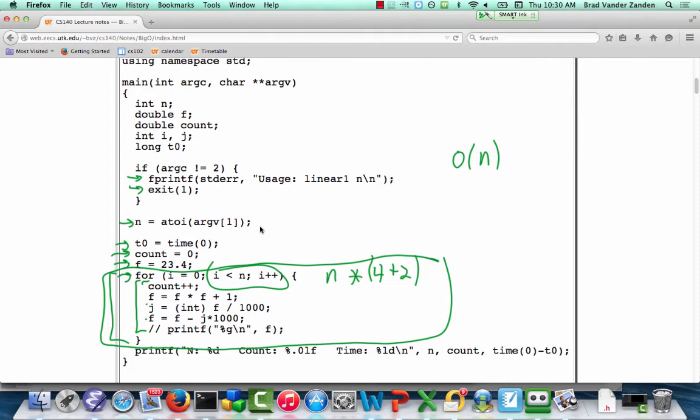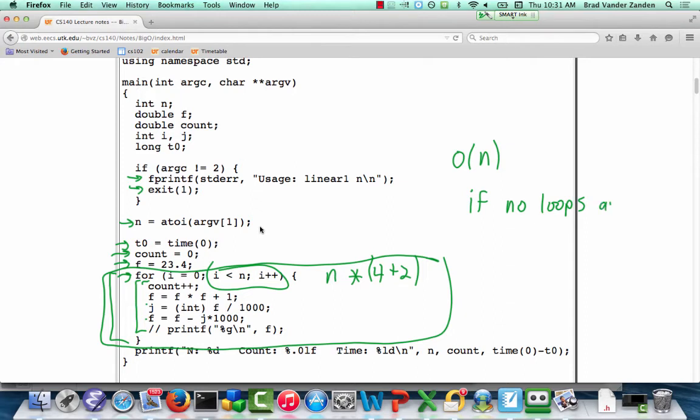If there are no loops in our program, what do you think the running time of the program is? No loops. C, it's a constant. So if there's no loops, and no recursion.